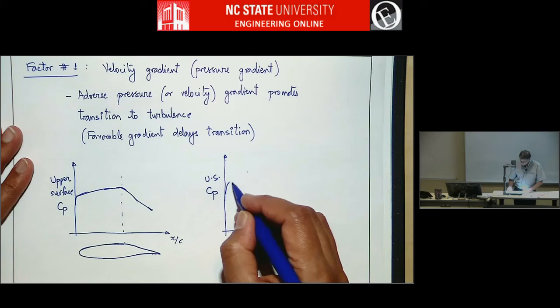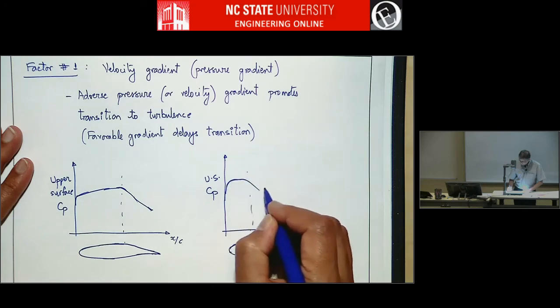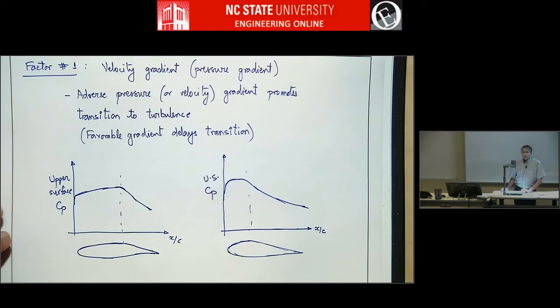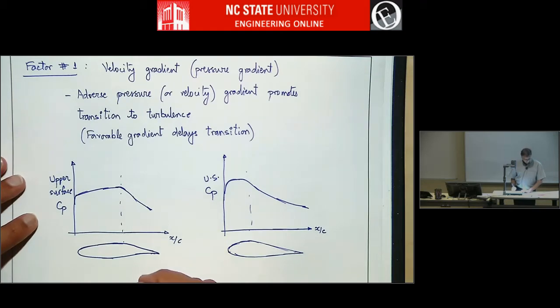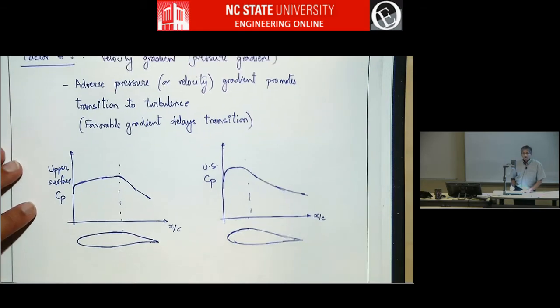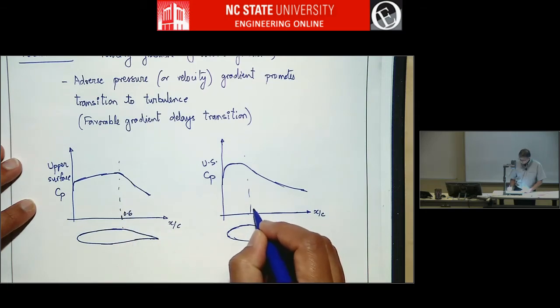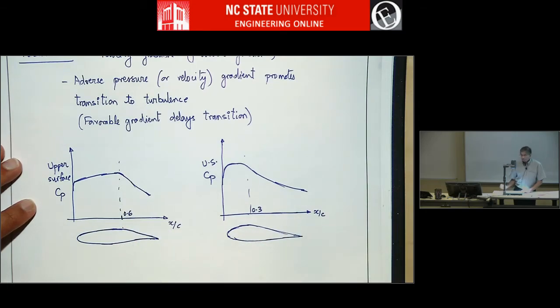So on this we have something like this. So here you have favorable gradient to maybe 60%, so 0.6 chord, and maybe this is 0.3 chord, x over c of 0.3.